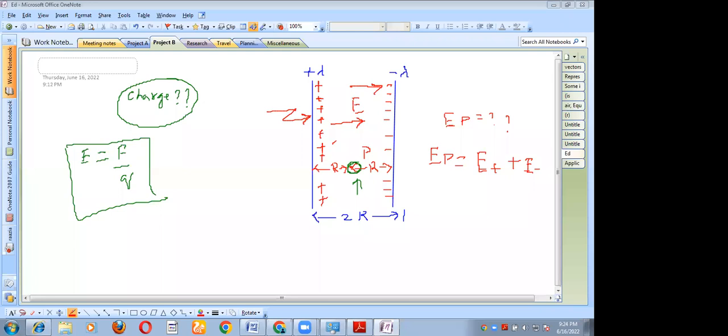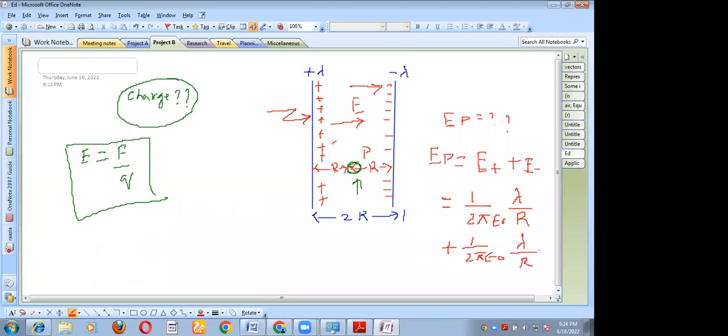So now we have to put the formula. We have to put the value of electric field due to the positive charge. So what is the value of electric field due to this positive charge? That is 1 by 2 pi epsilon naught lambda upon the distance. Similarly, the electric field due to negative charge is 1 by 2 pi epsilon naught lambda.